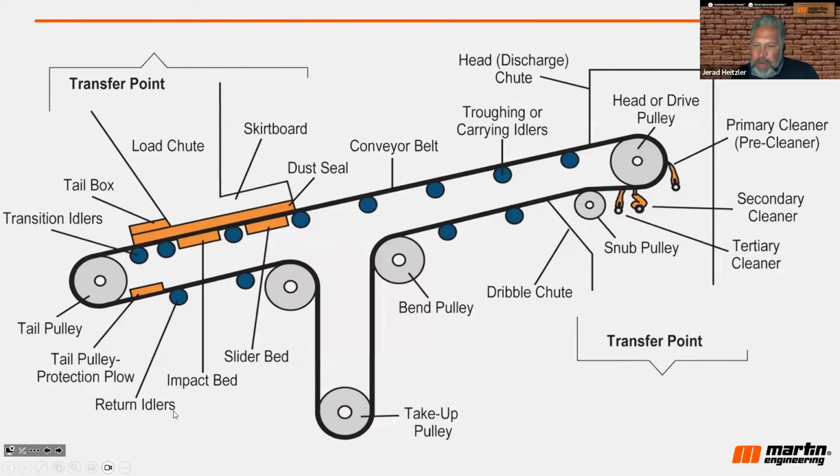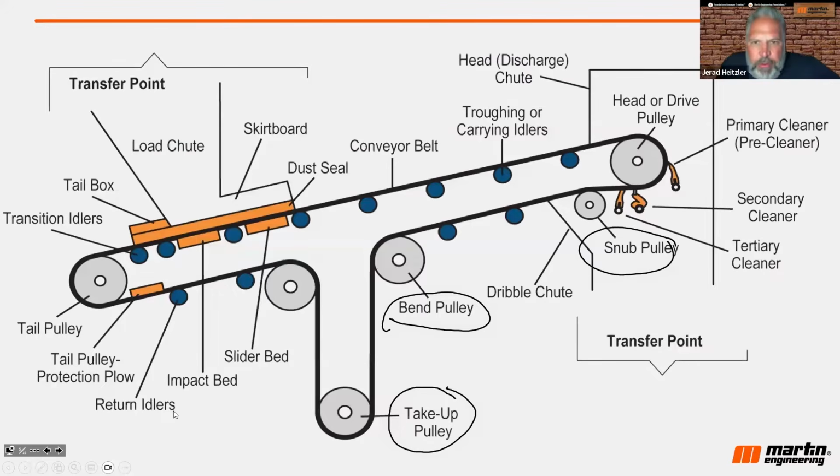That's going to include the head pulley, the tail pulley, and then what we call the take-up pulley, bend pulleys, and snub pulleys. Now, most conveyor belts are always going to have a head pulley and a tail pulley. The bend pulley and the take-up pulleys, as well as the snub pulley, aren't quite as common as the head pulley and tail pulley.